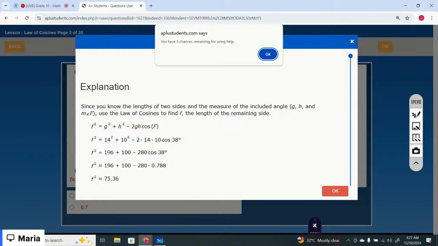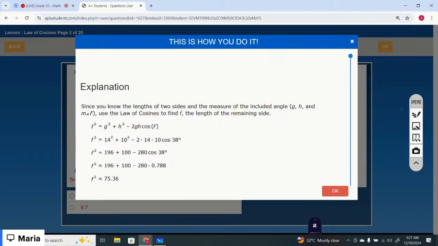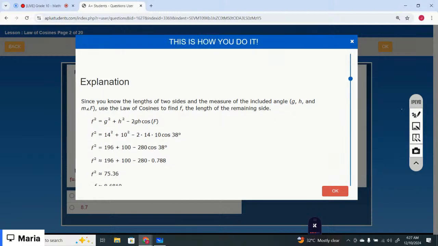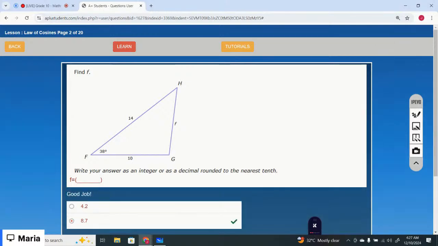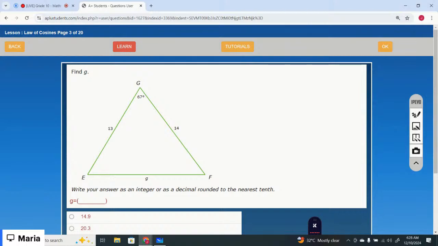That is 75.36. Then you have to do the calculations. That is 8.7. Option number 2 is the correct option, right? So the next one is find g, right?